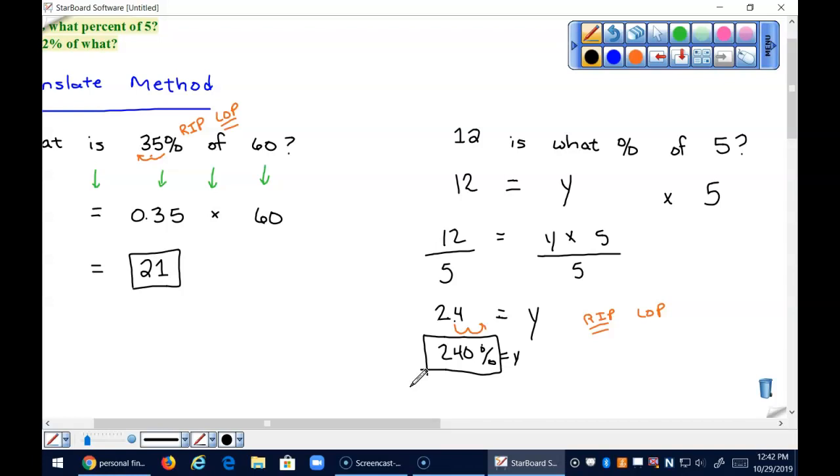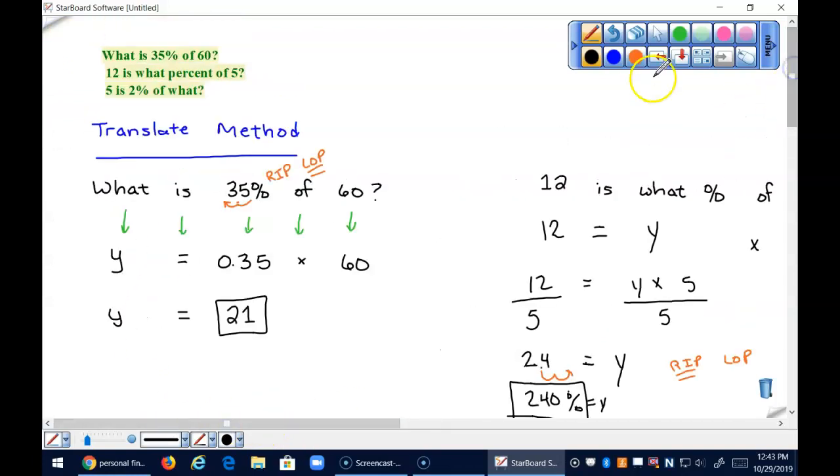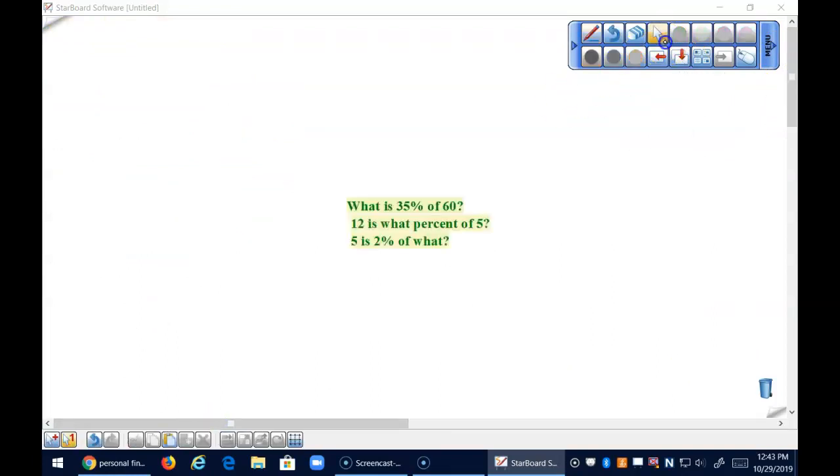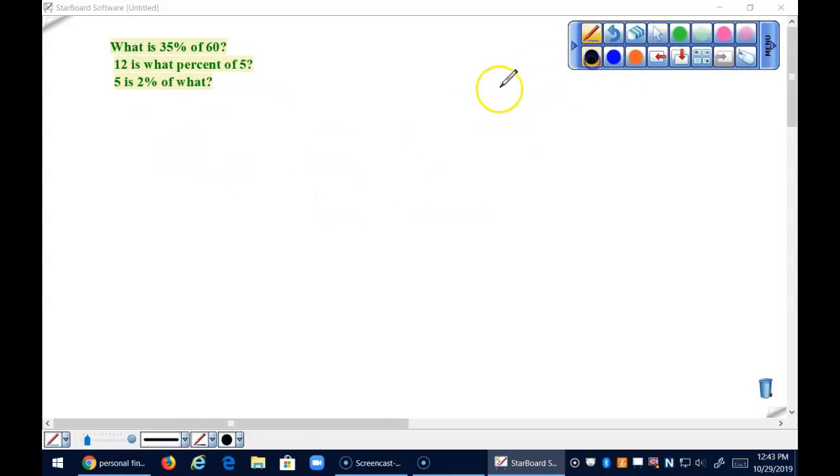Okay, everyone okay with both of those on the board before we go on to the third one? I'm just going to write down the steps really fast. Okay, I'm good. Then we had: is 2% of what?